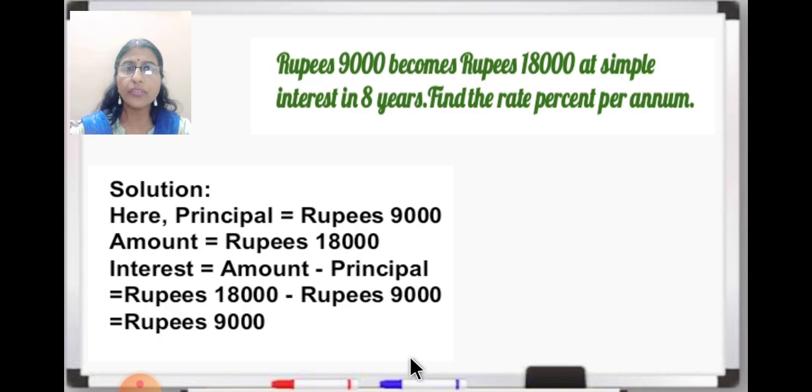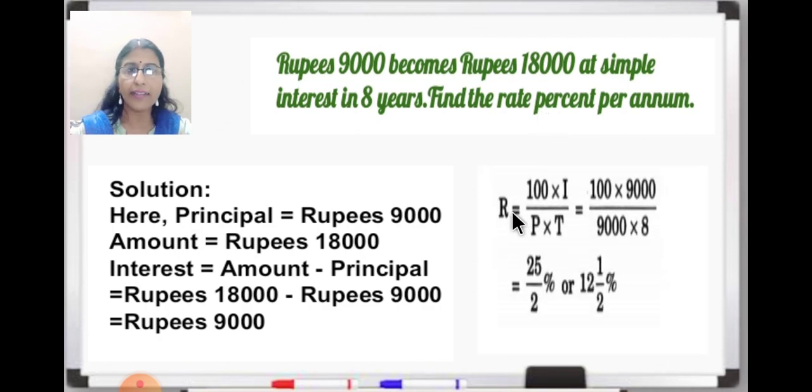Now we are going to use the simple interest formula only. We will have to find out rate of interest. So we will write like this: R is equal to 100 multiplied by I upon P into T. So this formula we have got from that simple interest formula only. And then we are going to substitute the value. R is equal to 100 multiplied by, in place of I, just now we got 9,000.